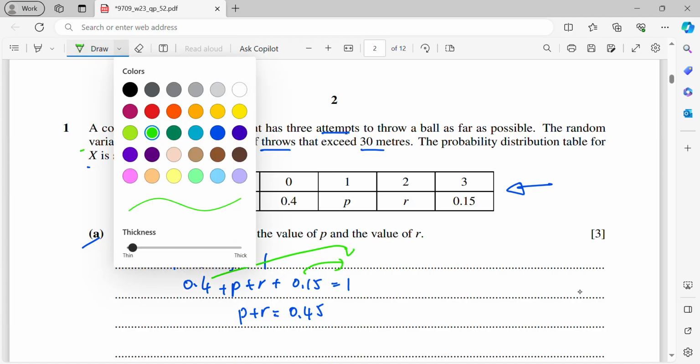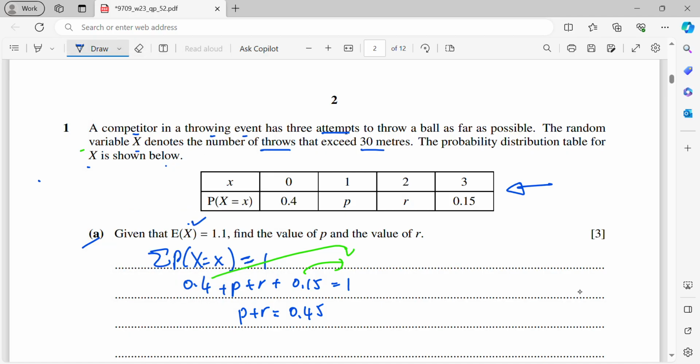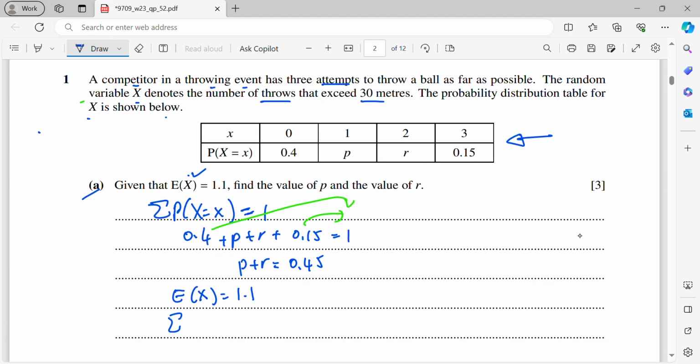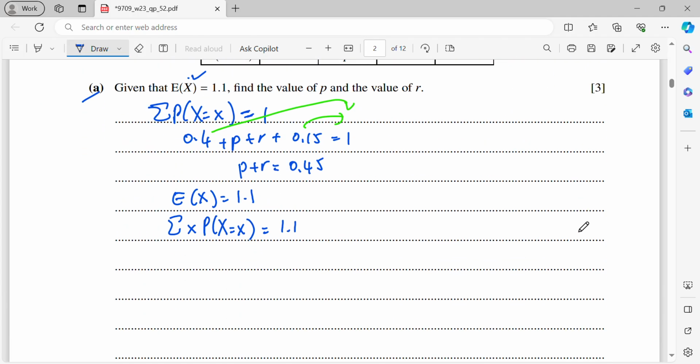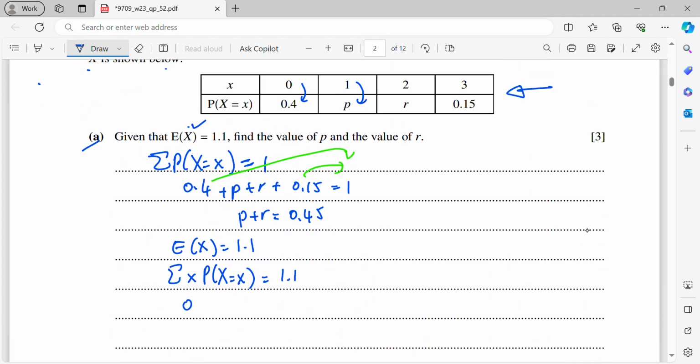Now use the given E(X) value. E(X) equals 1.1. E(X) is the summation of x times probability, so you need to multiply x with the probability. That gives 0 times 0.4 plus 1 times P plus 2 times R plus 3 times 0.15, and the answer is 1.1.